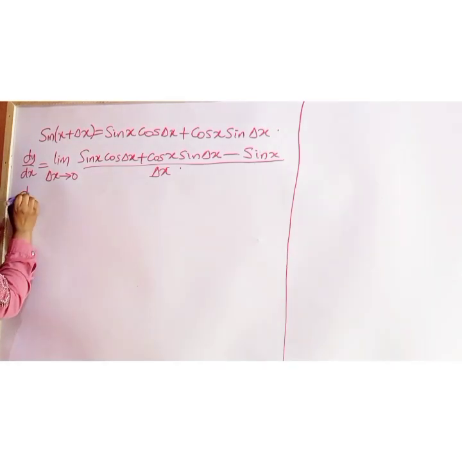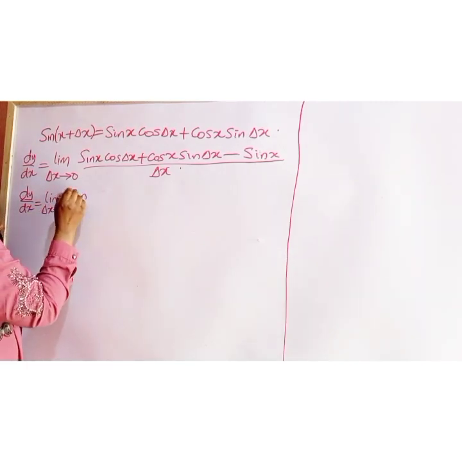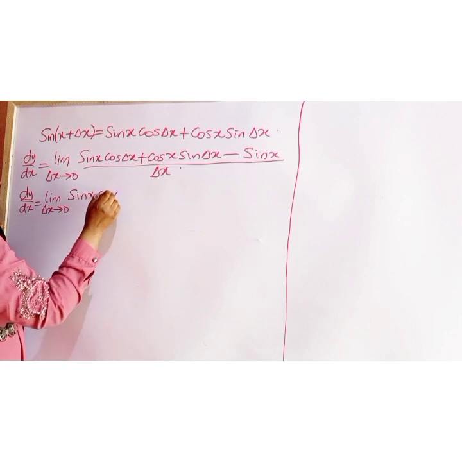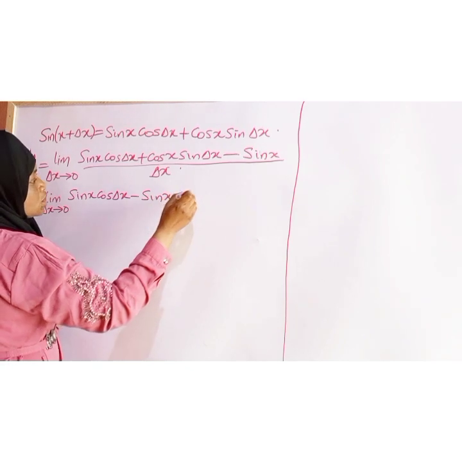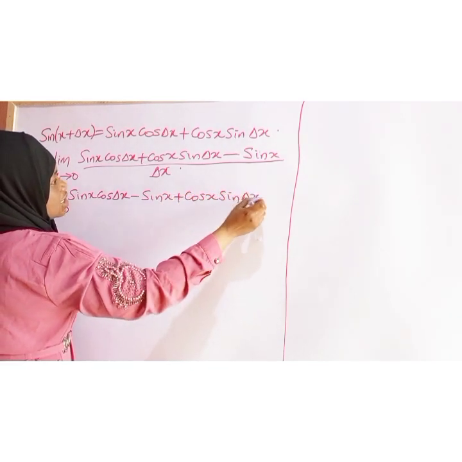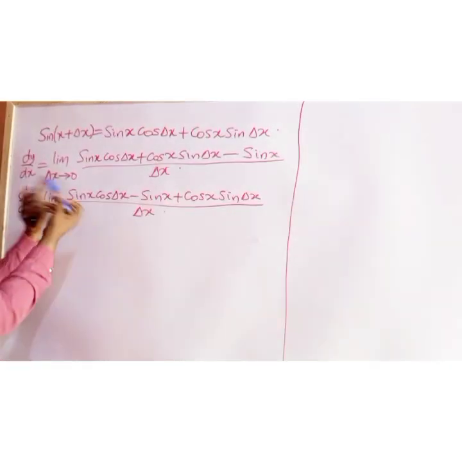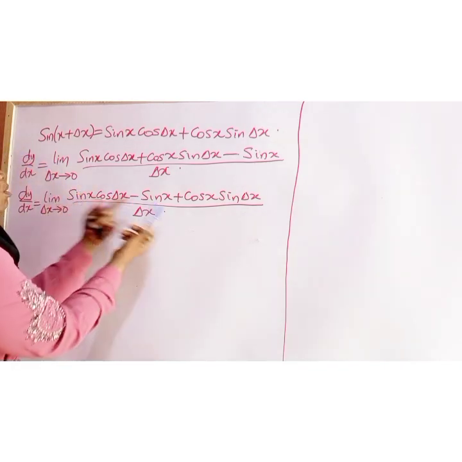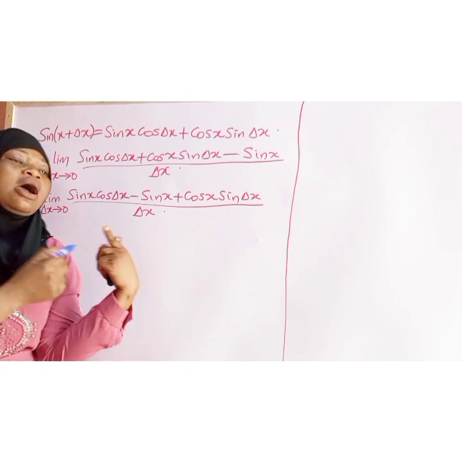So we can have dy/dx is equal to the limit as change in x tends to 0 of sine x cos change in x minus sine x plus cos x sine change in x, divided by change in x. So from here, sine x is common to the two expressions. So we can factorize sine x out.